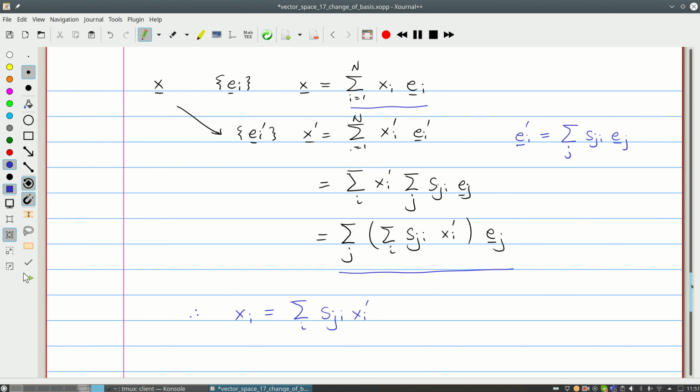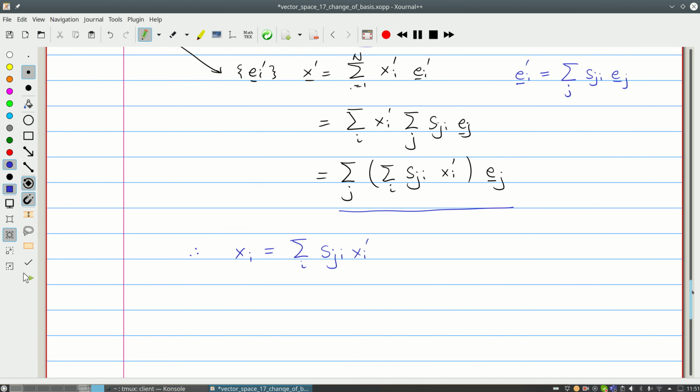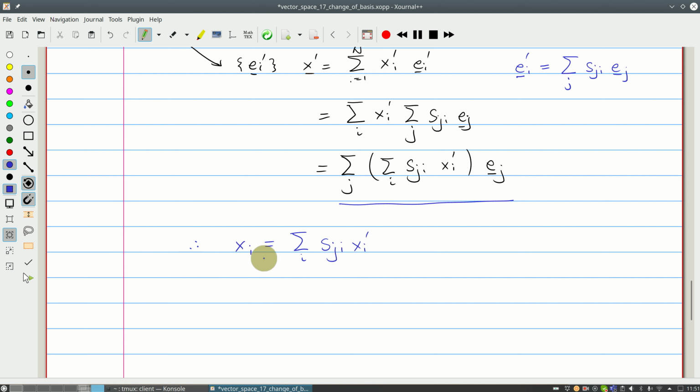Or to write it in kind of vector form, we can regard these components as a representation of the vector x in each of these basis sets. We can write this as the vector x is related to the x prime vector through this multiplication.